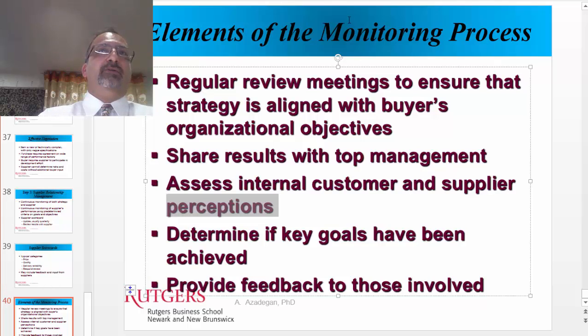So those are part of the monitoring processes that makes a commodity strategy successful. But again, these elements we're also going to be talking about in more detail in future chapters. I believe it's actually chapter 7 coming up that talks about supply evaluation and selection.